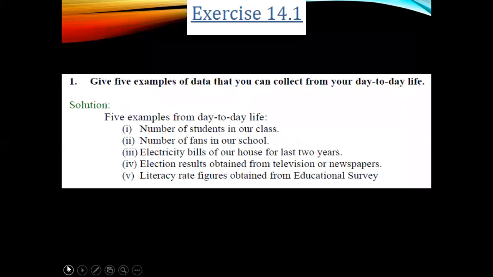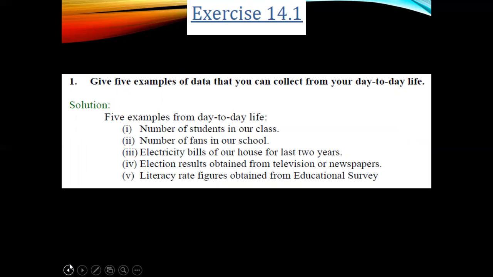Now, the first example that has stated is the number of students in our class. If I try to get the data of the number of students in my class, say in grade 9 Aryabhatta that we are in, I have 36 students. So that is a raw data that I'm collecting, isn't it? So the number of students in our class can be classified as primary data.